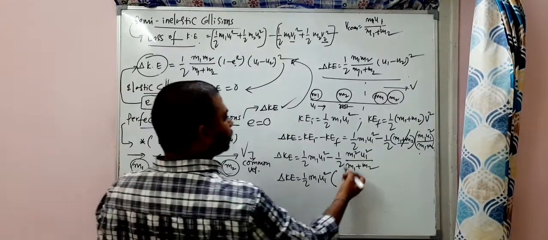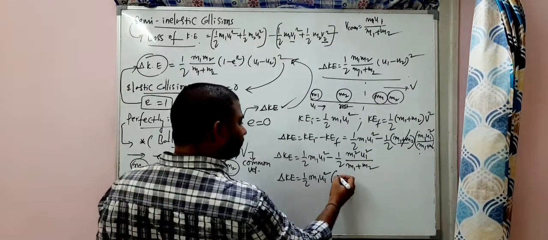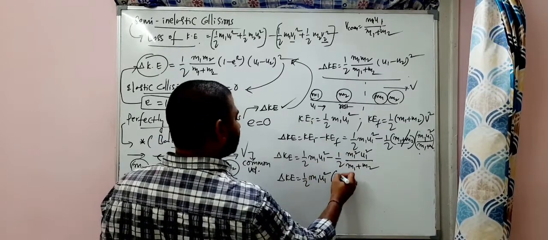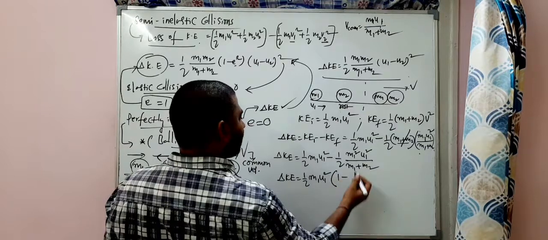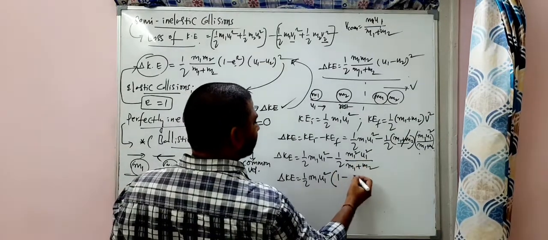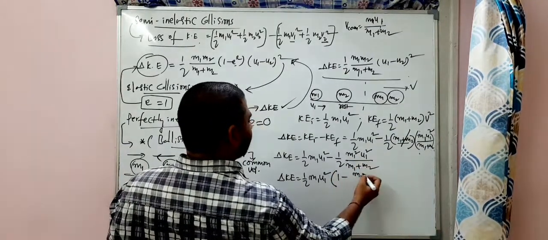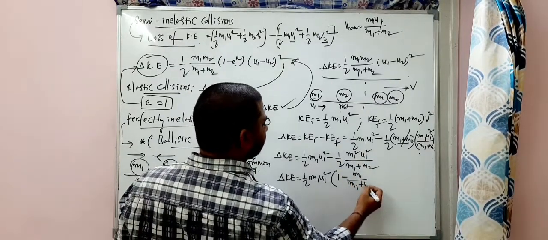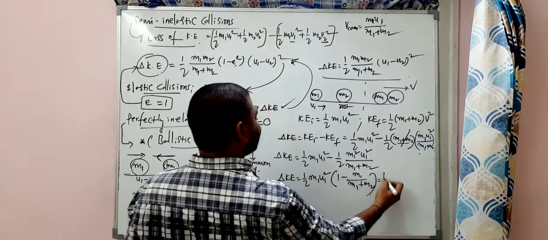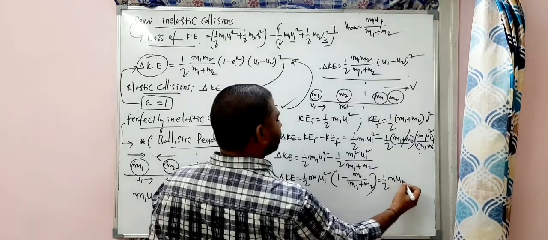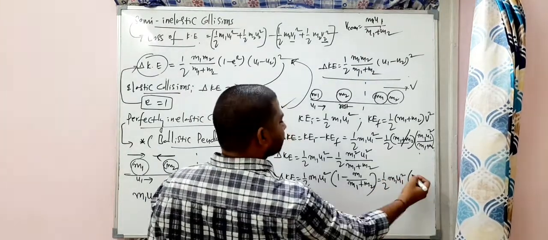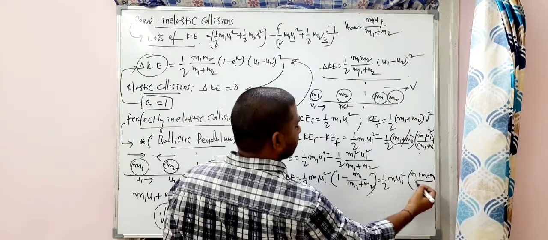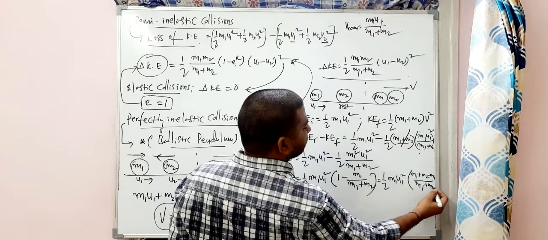So that you will get half m1 u1 square taken common, and that is 1 minus m1, with u1 square already taken common, divided by m1 plus m2. So that is equal to half m1 u1 square into m1 plus m2 minus m1 divided by m1 plus m2.